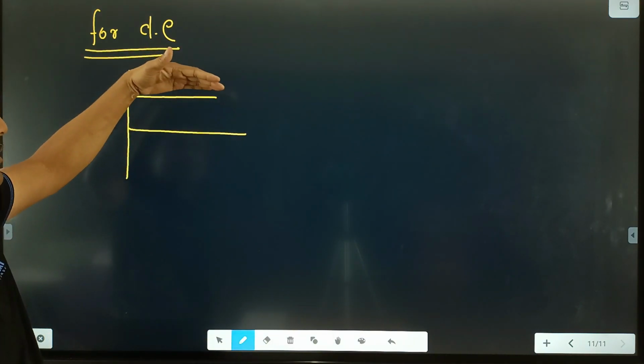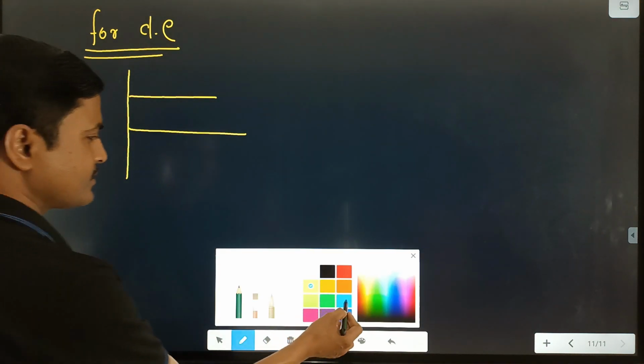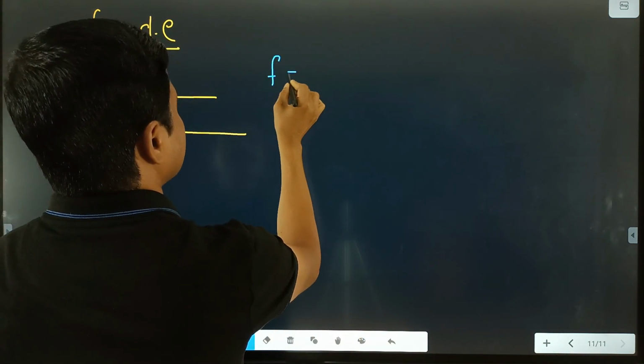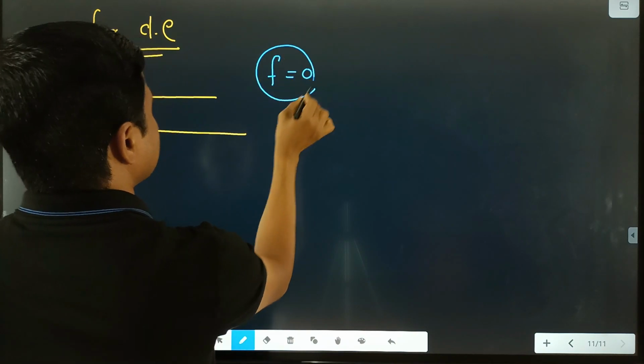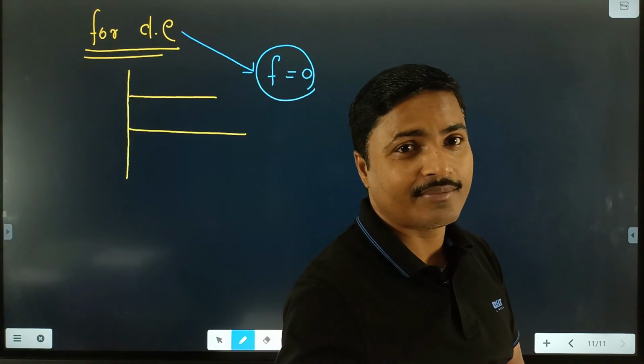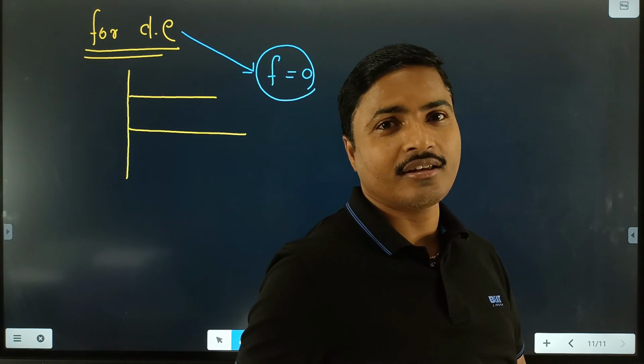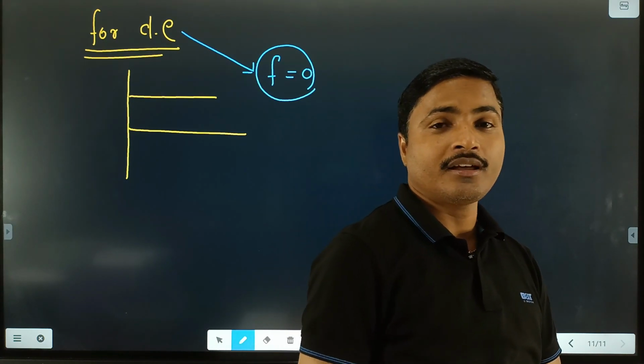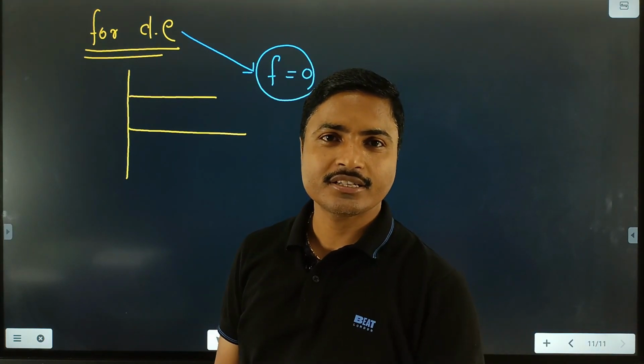Here current is situated in the positive side, so in this case frequency F is equal to 0 in case of direct current. We get direct current from your battery, mobile battery, laptop battery, solar cell. And in this case frequency of direct current is 0.